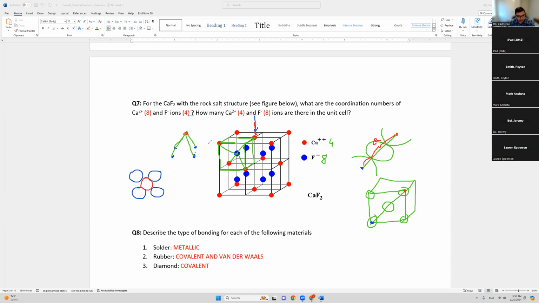I think it's not a good drawing, but I think this illustrates better. Put these four ions like this in this configuration, and you can fit the red atom, which is the calcium ion, such that it's touching all those four fluorine ions. Does that make sense?